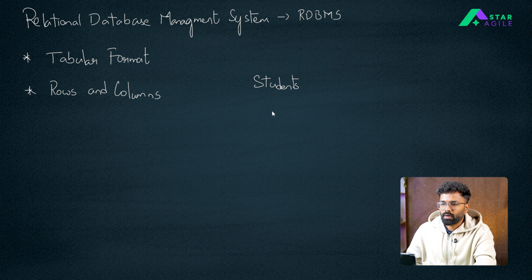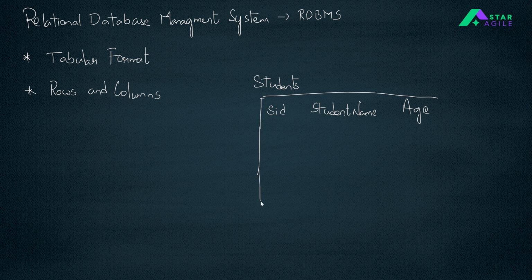In this I have a column called SID, another column called student name, and another column, let's say, called age. Like this I'll have a particular table, in which the data will be in tabular format.